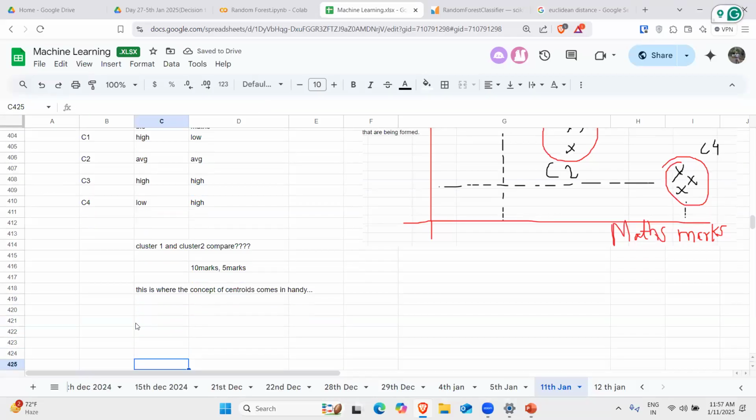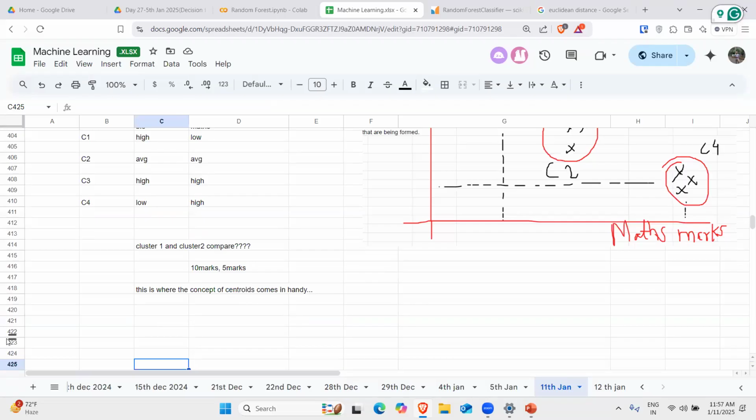So let us discuss this centroid concept in tomorrow's session, right? Before that, I'll create some data and we'll stop here for the day. Centroid is the thing which we are interested to find.